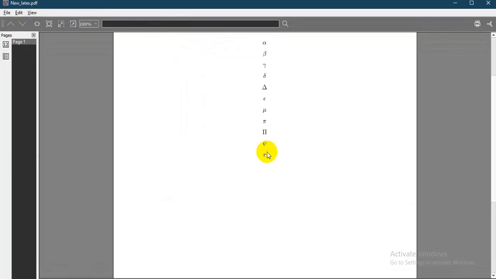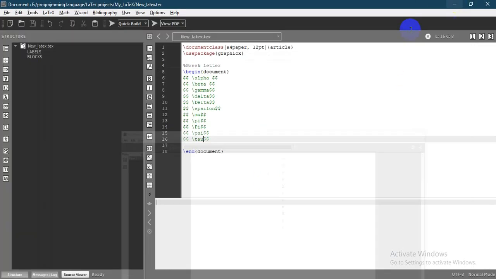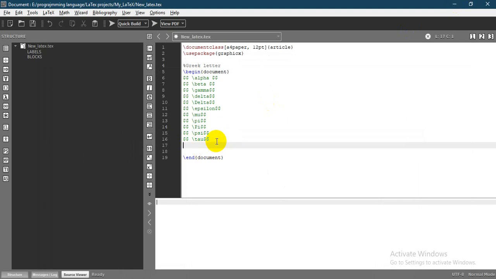This is tau which has been written. So after tau, the next letter which could be written is theta. Theta is usually written for angles. So we have here theta. So to write it is theta as such. So we close the math mode.